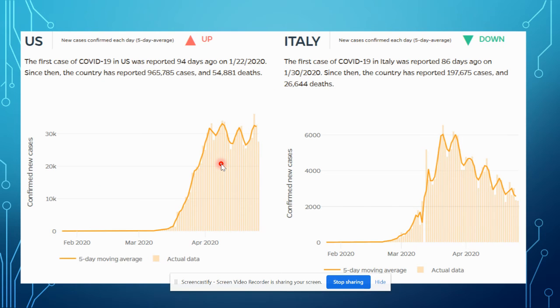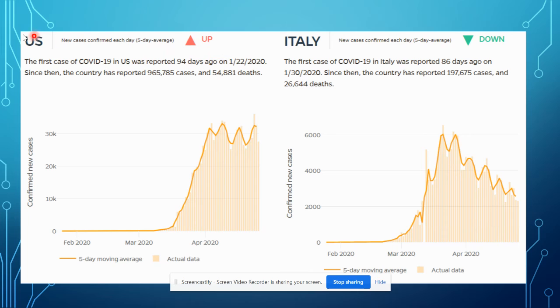I know these are two graphs, but it's the same kind of graph. This is probably the most technical. So if you choose this graph, props to you. So let's read it. It says US. The new cases confirmed each day's 5-day average. So here data is collected every 5 days and averaged the number of cases confirmed.